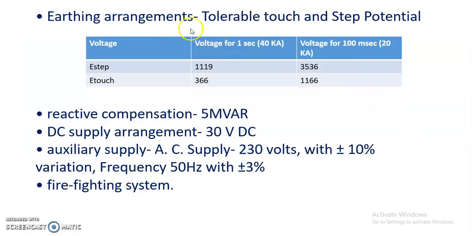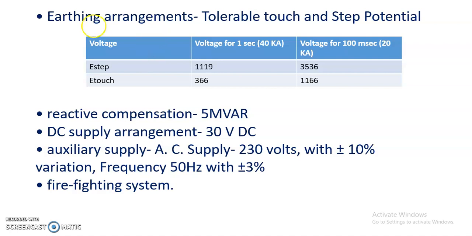So these are the specifications of CT and PT that we can use in a substation. Next is the earthing arrangement. Earthing arrangement is nothing but the touch potential or step potential, or touch voltage or step voltage, and that is very important while designing the earthing. So this table indicates the maximum value of touch potential and step potential that a human being can sustain.